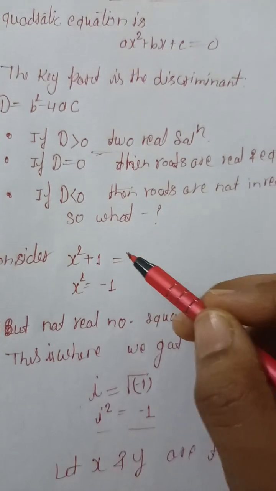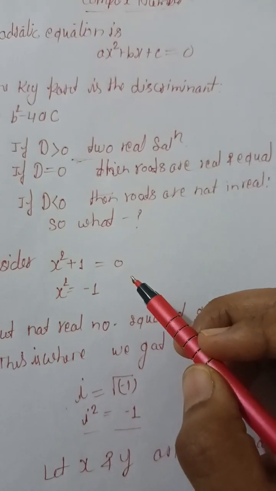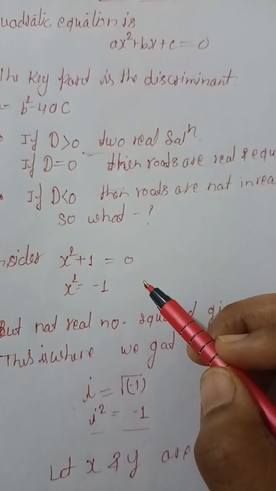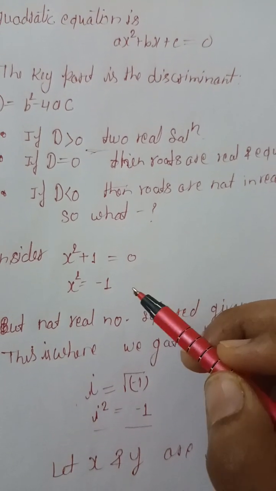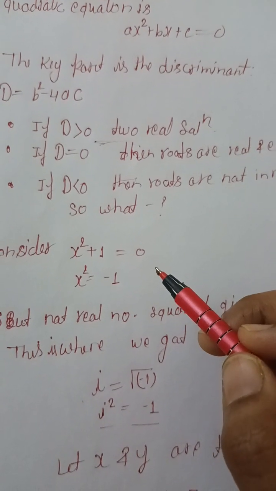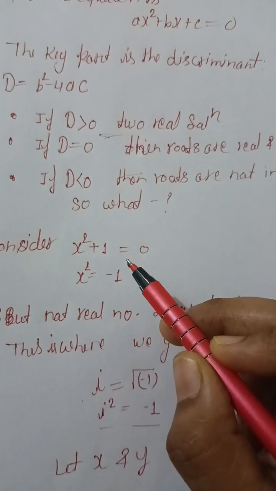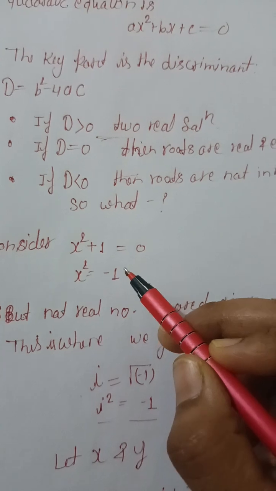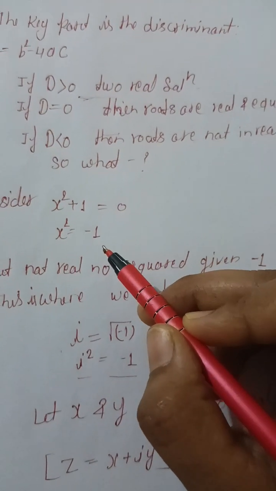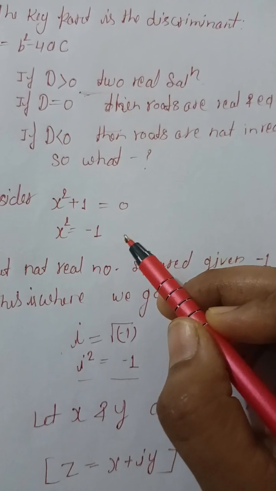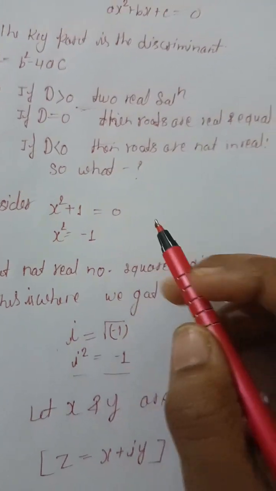There is no solution. So there is no real number, positive, negative, integral, or fractional, rational, or irrational, which when squared gives -1. And the solution of such an equation introduces the concept of an imaginary or complex number.